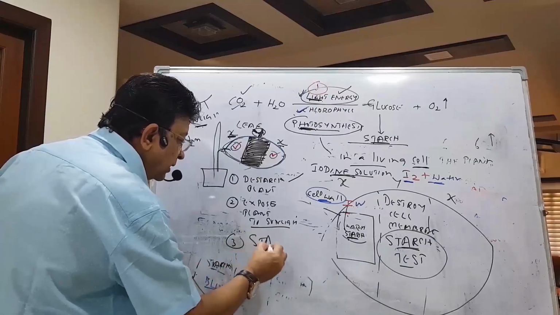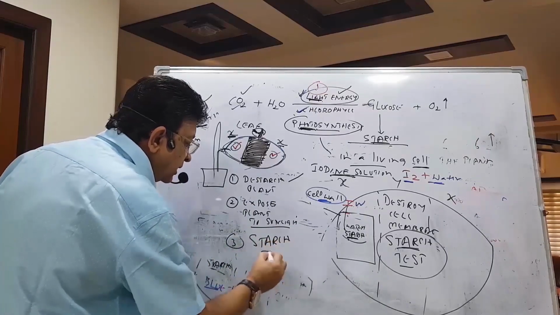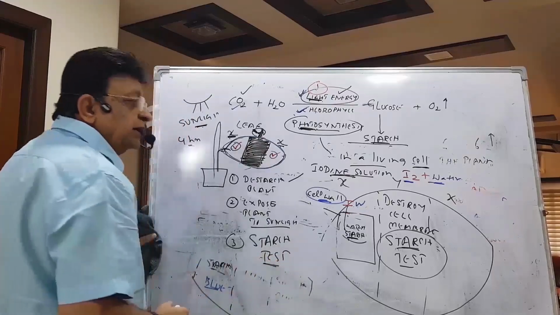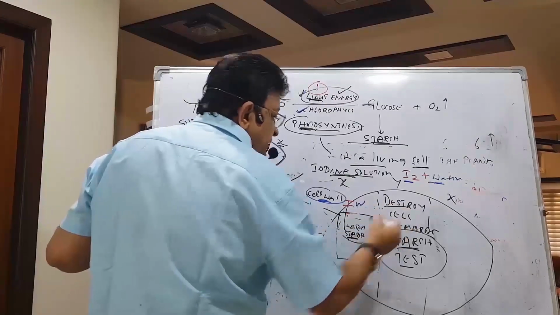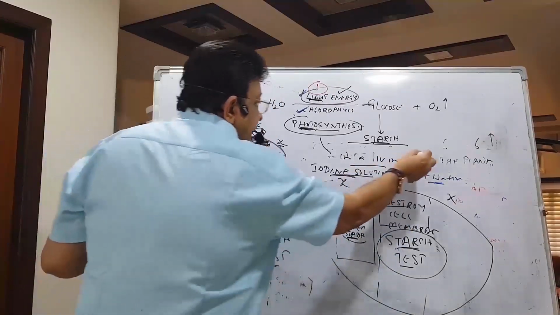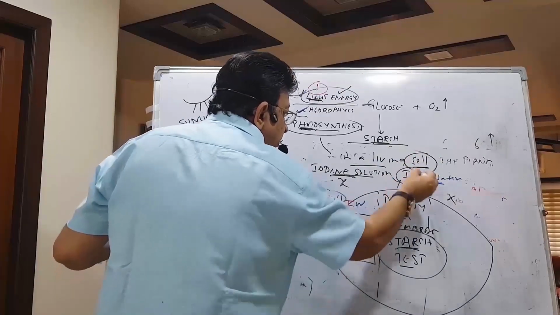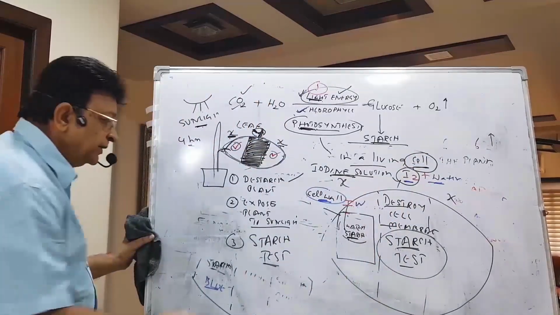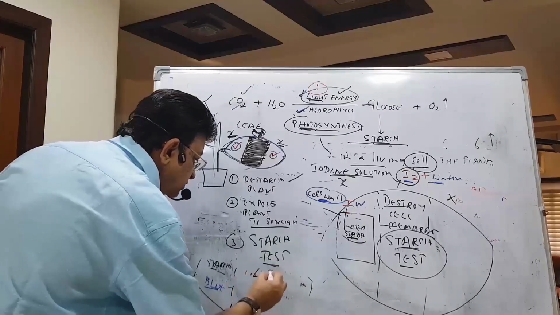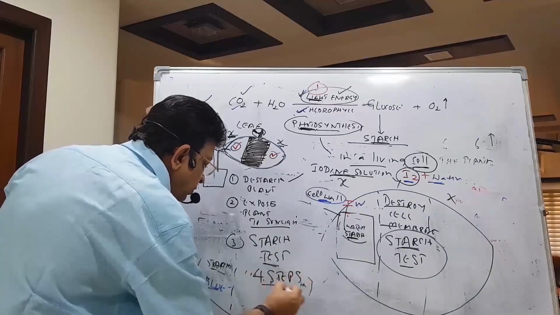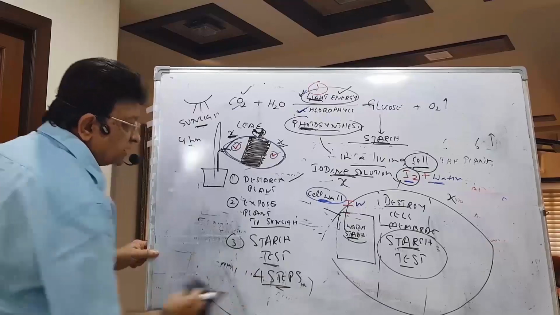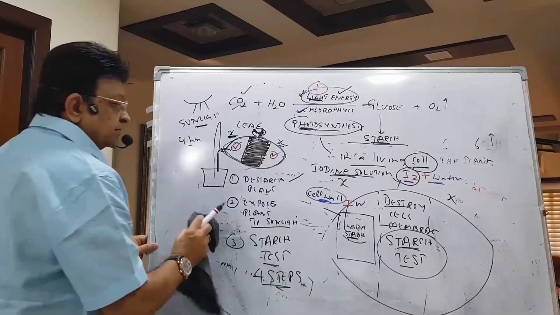And then carry out the starch test, which is aimed at destroying the cell membrane, making the cell permeable to iodine. The starch test involves 4 steps. But now I'm going to teach you the 4 steps of the starch test.